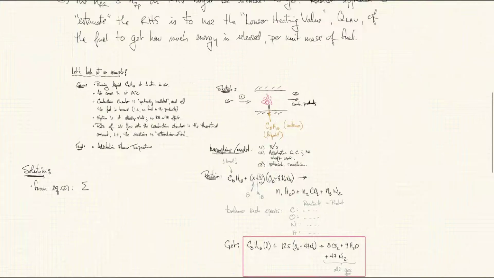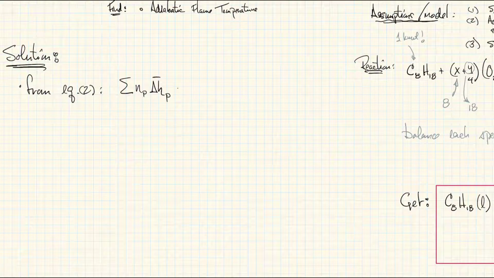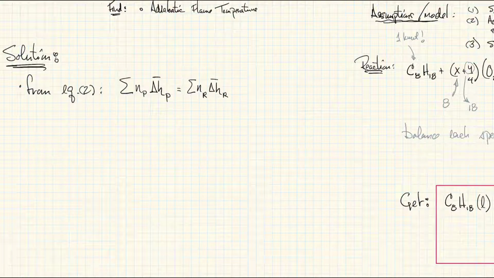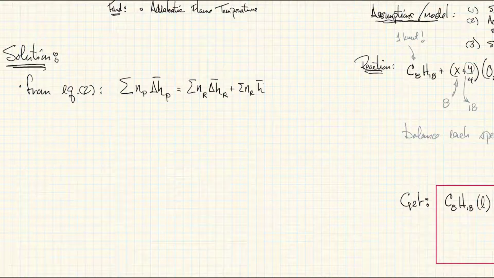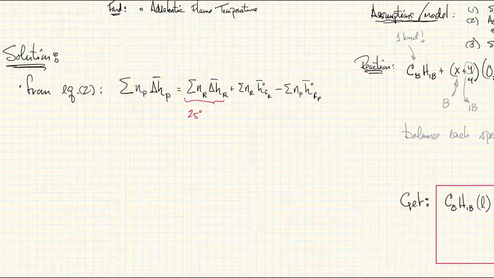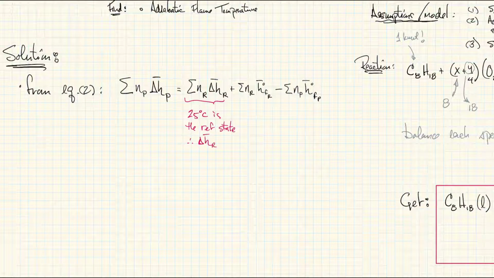So from equation 2, and where is equation 2? That equation 2 is from the previous video before. This is the equation that gave us the relationship for the change in enthalpy of the products above the reference point at which the products and the reactants are referenced in terms of enthalpy, which is 25 degrees Celsius and 1 atmosphere.